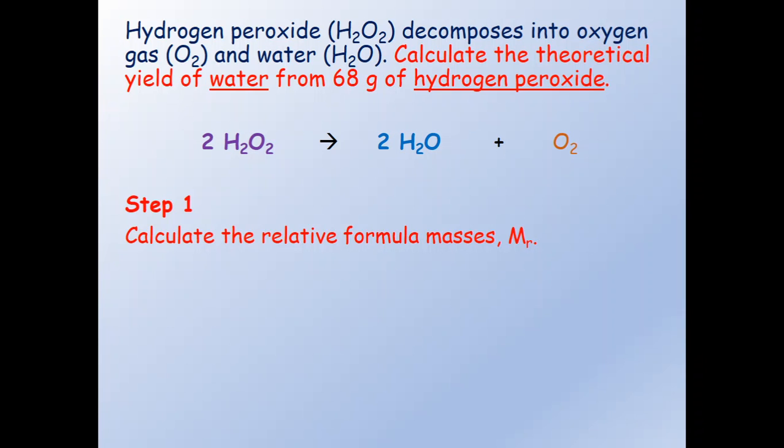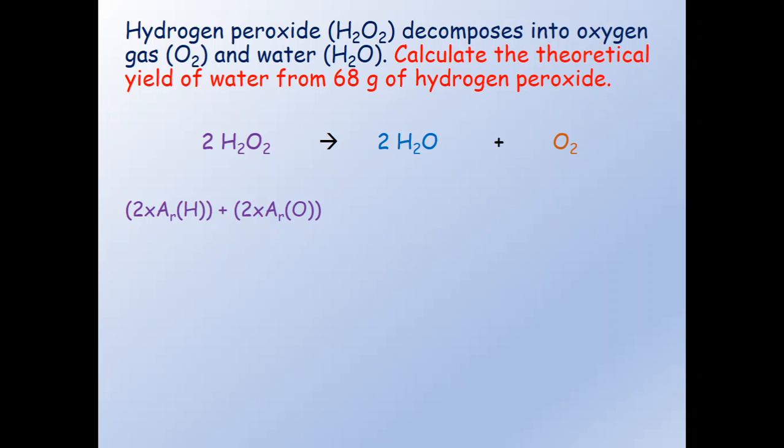To calculate the relative formula mass, we have to add together the relative atomic masses of all the atoms involved in the formula. So for hydrogen peroxide we get 2 times the relative atomic mass of hydrogen plus 2 times the relative atomic mass of oxygen.